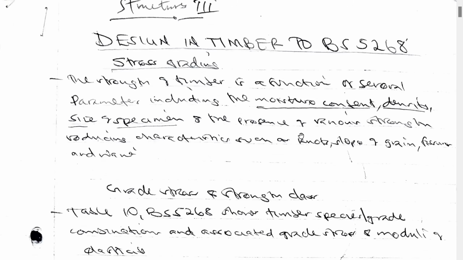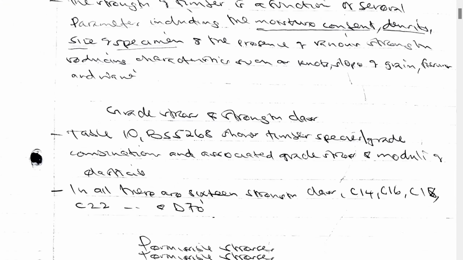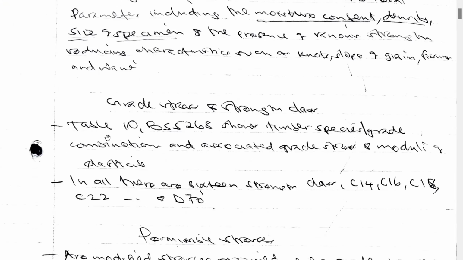Now, let's go to grade stress and strength class. So table 10 of BS5268 shows timber species, or what we call grade combination, and associated grade stress and moduli of elasticity.